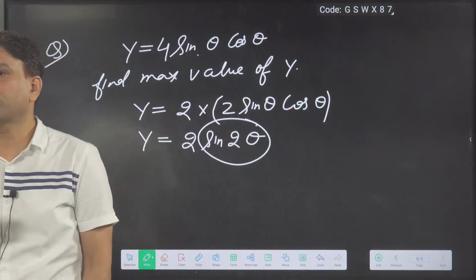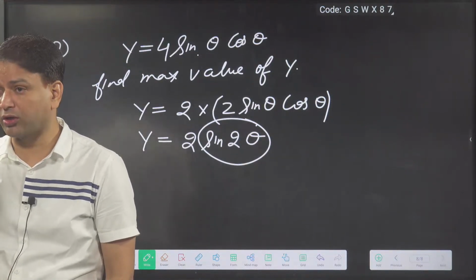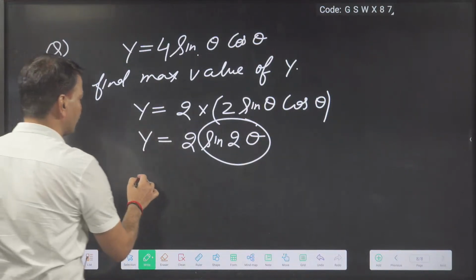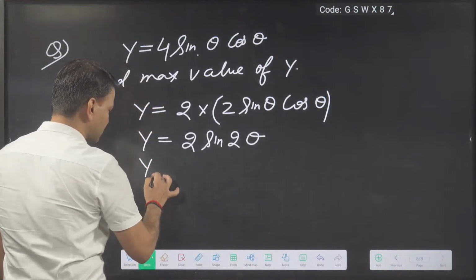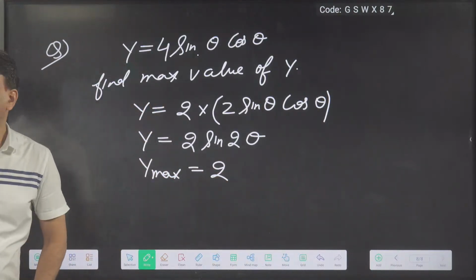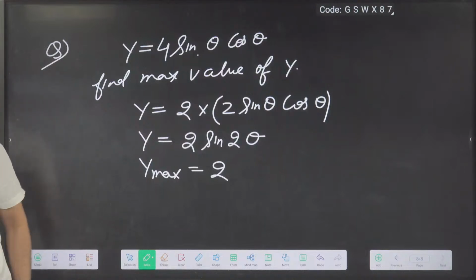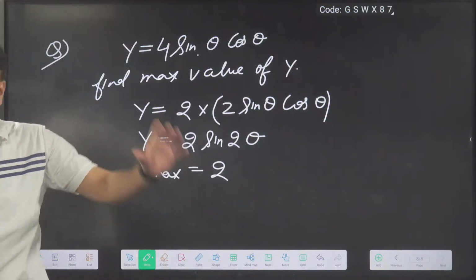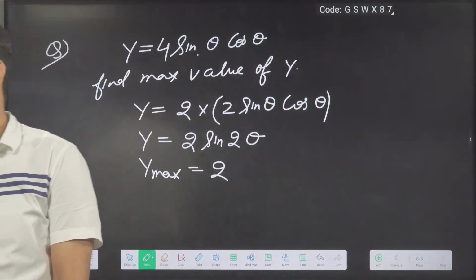So what is the maximum value of sine 2 theta? Sine maximum value is 1. So then what is the maximum y you got? Y max is equal to 2, when theta is 45. Everybody got? So what is the maximum value? I cannot say 4. What is the maximum value of y? 2.